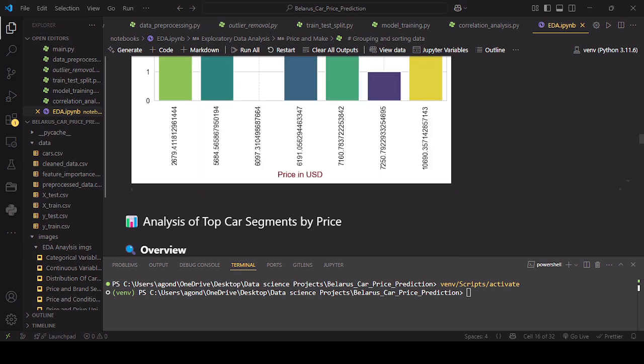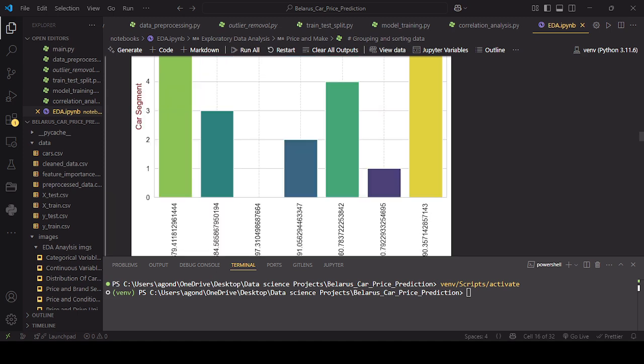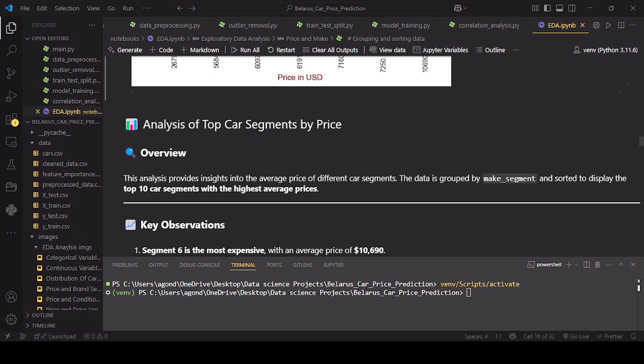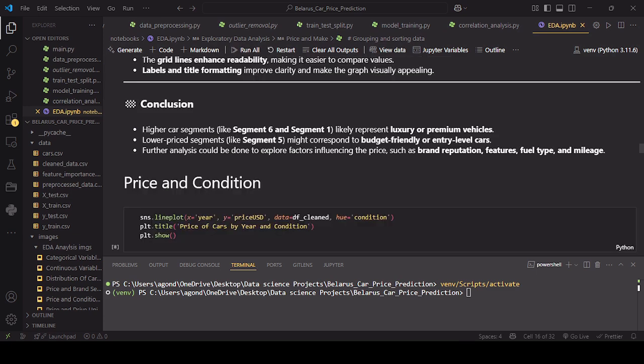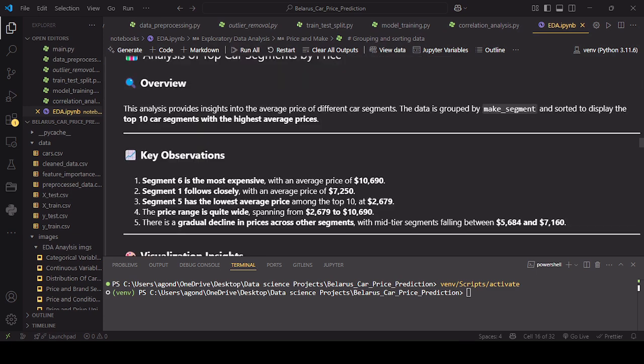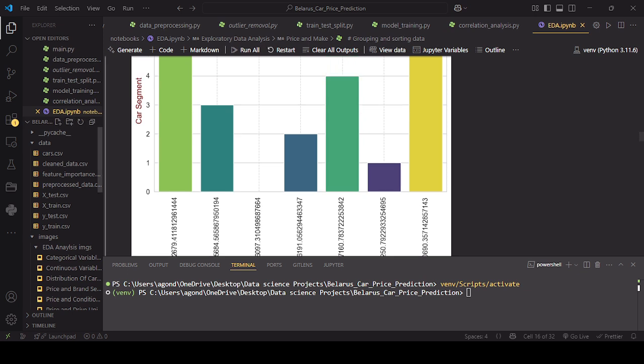Right here we can see its price in USD. Then followed closely by segment 1. Wait a second, where is 1? Yes, 7.